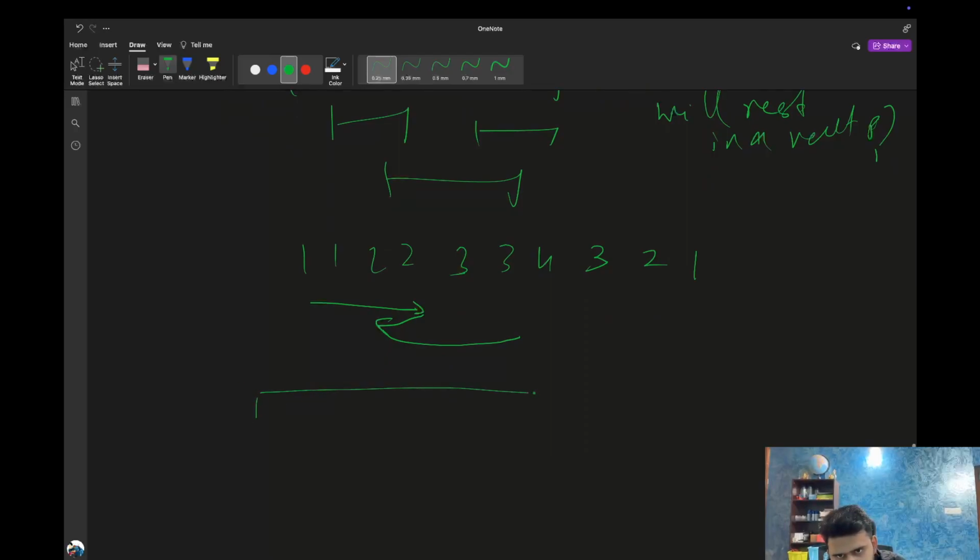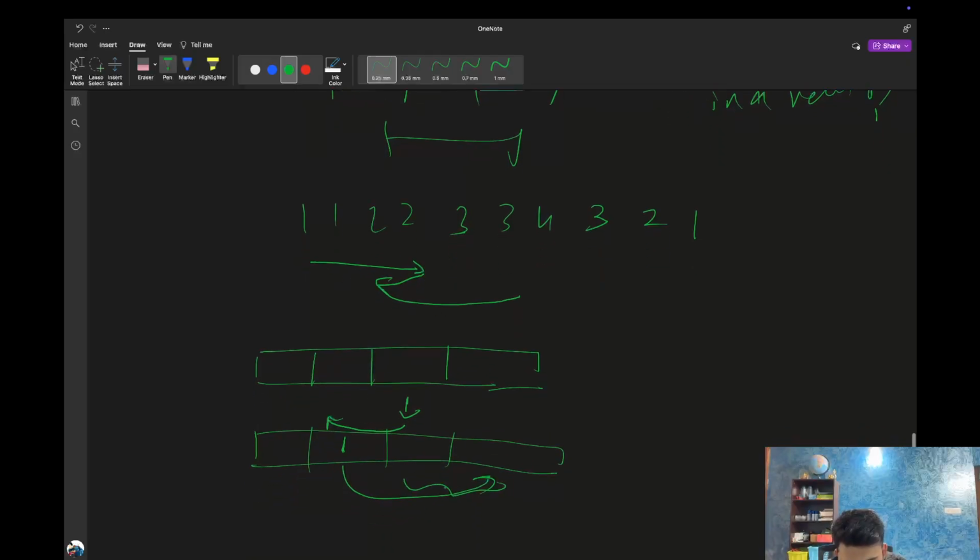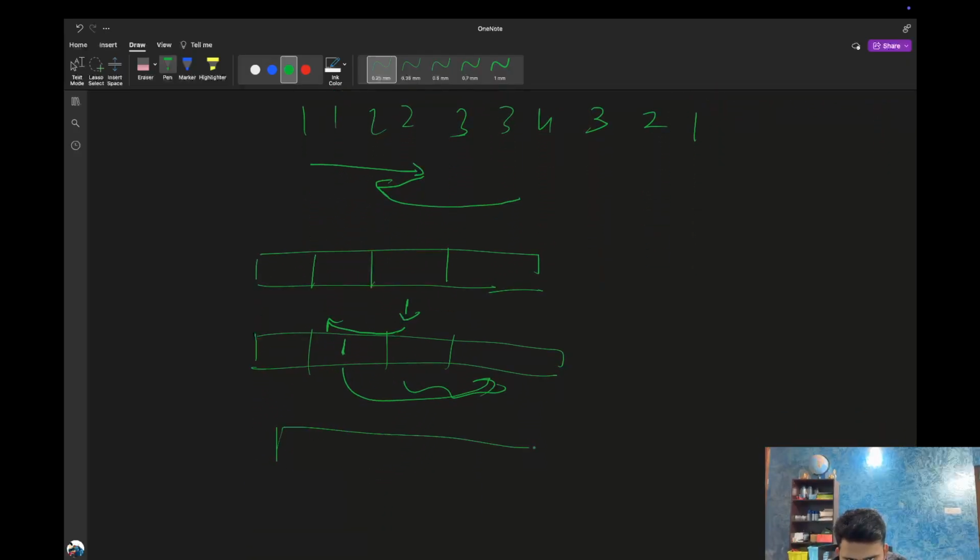So when, let's say, you have an array of length 4, and this is a starting point. When he goes here, he's adding 1 here, so it becomes this. When he goes here, he's adding 1s here, so then it becomes this.